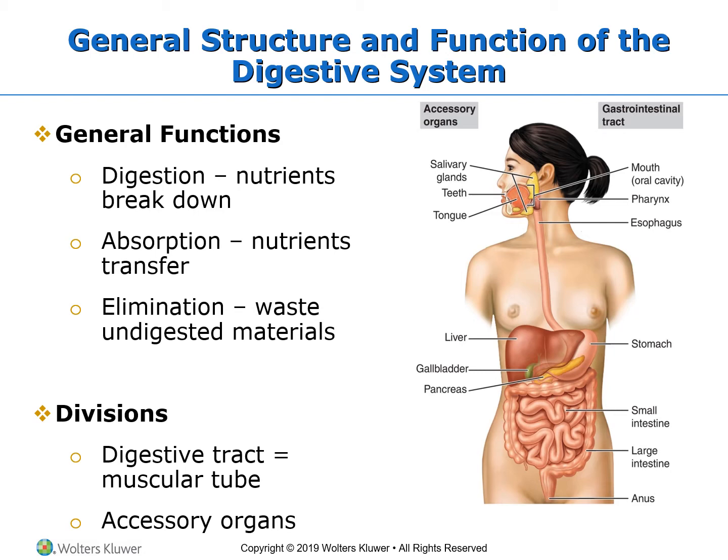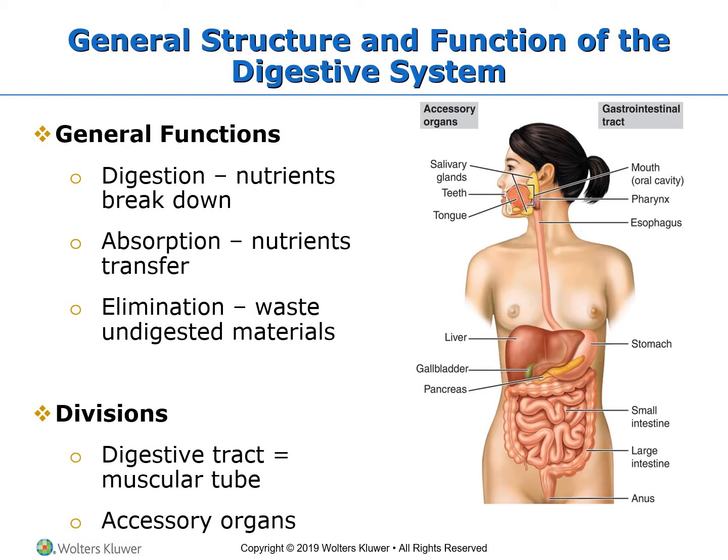Very didactically, if we are looking at the digestive system, we can divide it into two groups of organs to be easier to understand their structure and their function. We have what is called the digestive tract. It is a continuous muscular tube with different diameters and with different types of movements and functions that extends throughout our whole body.